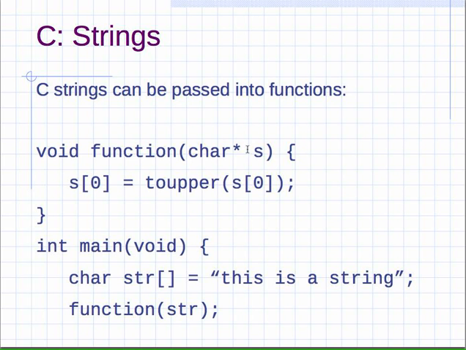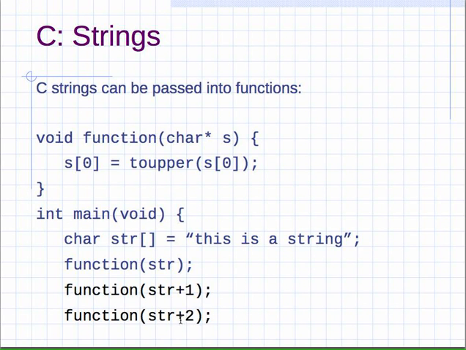Why? Because this declaration char star s is assignment compatible with this declaration str. So you can say s is equal to str. If you had it the other way around, of course, as we saw, it might not work. Okay, so let's say we pass this character array str into this function, and it's treated as a pointer to character.